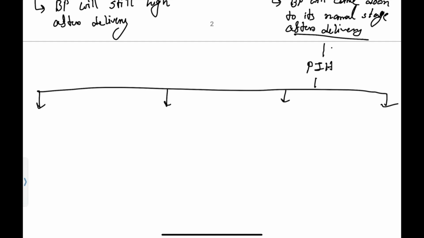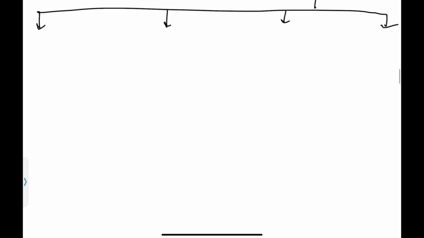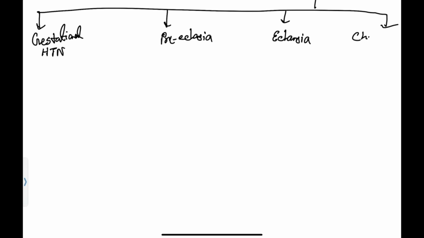The first category: PIH is further divided into gestational hypertension. Another class is preeclampsia, then eclampsia, then chronic hypertension with superimposed preeclampsia.